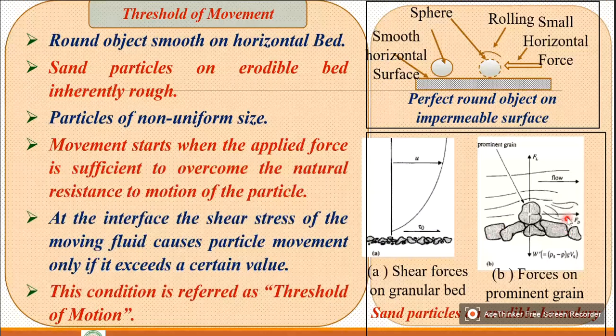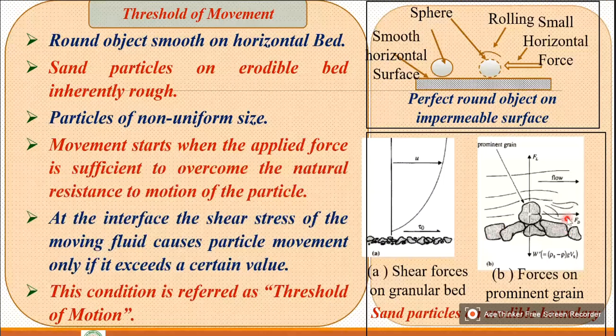Now, in case of laminar flow and in case of ideal fluid flow, the bed will be not moving, so the velocity will be 0 at y equal to 0. But in practice, we have seen that the velocity will not be 0 at the bed, but it will be 0 at a certain small height above the bed.